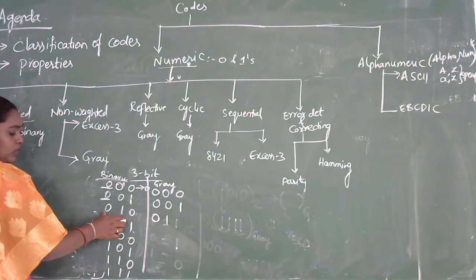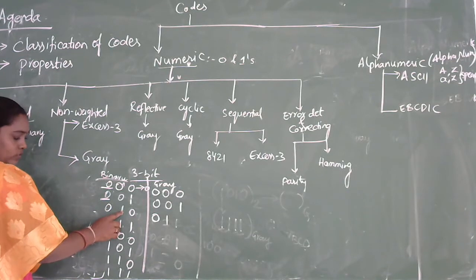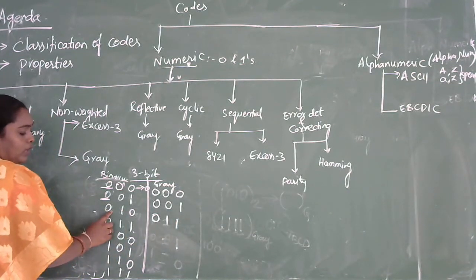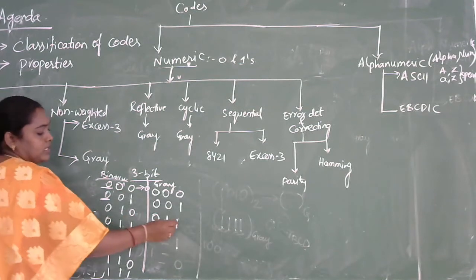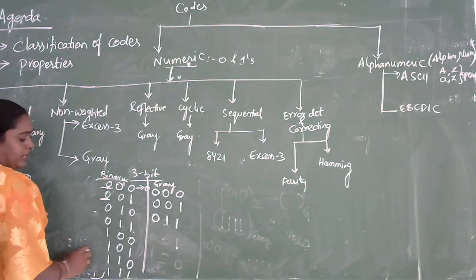In the second one, the first MSB bit is 0, 0 XOR 1 is 1, and 1 XOR 0 is 1. So the binary equivalent of 2 becomes 3 in terms of gray code.